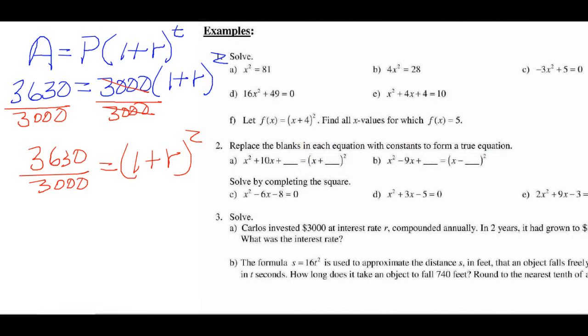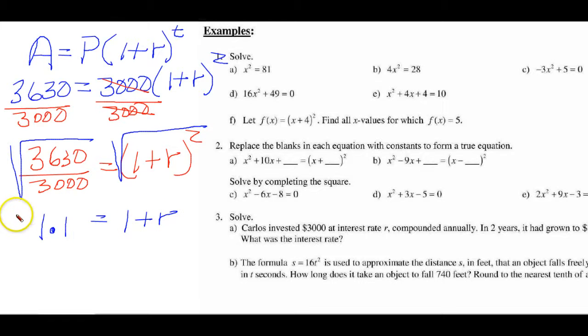Well, the key to this is, how do I get the R out of this being squared? We take the square root of this, and we take the square root of that. I would take this divided by this, get a number, and then take the square root of that. And it comes out to be 1.1. And we get 1 plus R.